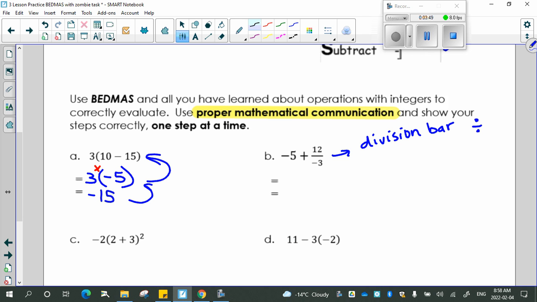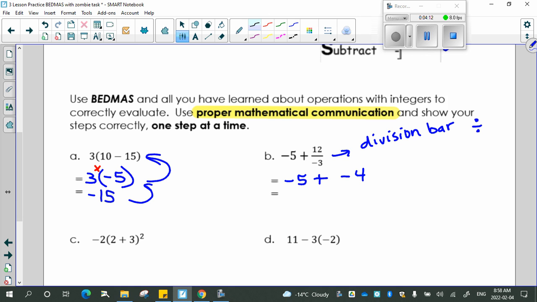No. Is there an exponent? No. Is there division or multiplication? Yes, there's division. So we do that first, but we still keep the negative 5 here, even though we're not using it yet. So 12 divided by negative 3, we can do that on our calculator, is negative 4.